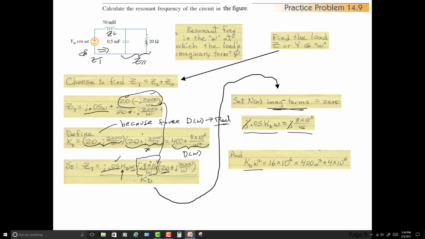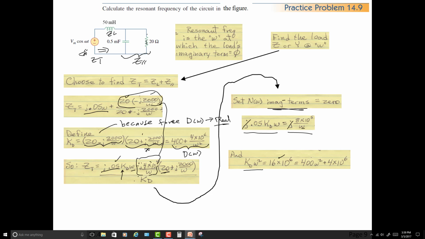How do I get that? Well, if you just divide 8 times 10 to the 5th by 5 times 10 to the minus 2, or if you take 80 times 10 to the 4th divided by 5 times 10 to the minus 2, that's going to be 16 times 10 to the 6th.